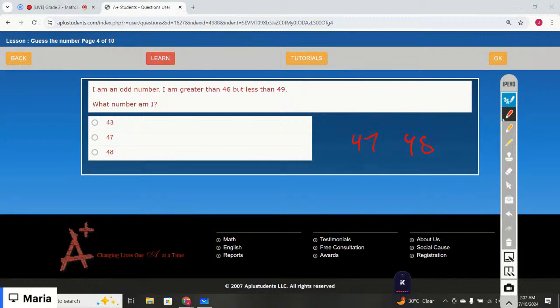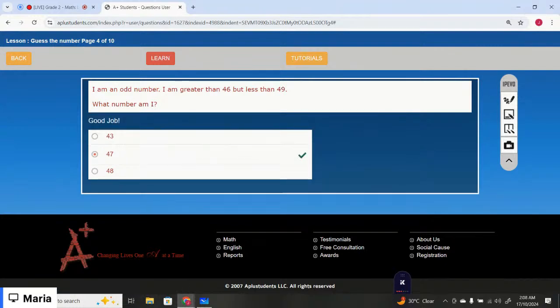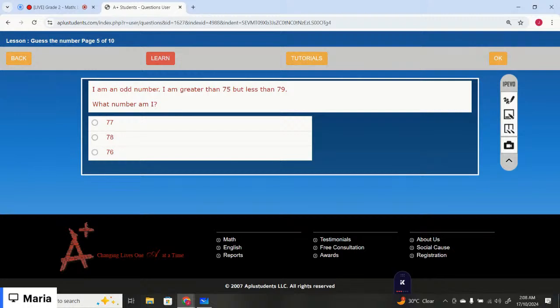So an odd number is 47. The correct option is option number 2. Very good. That is 47. 48 is not an odd number.